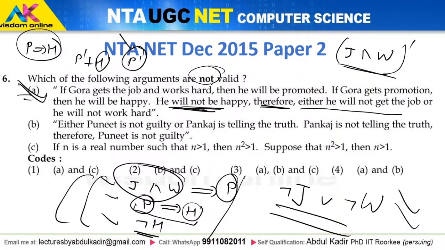So A is valid, and the answer cannot be this, this, or this. The answer will be option 2, because the question asks which of the following arguments is not valid, and argument A is actually valid. So you can say the answer will be B and C. None of the options were matching when I solved it.